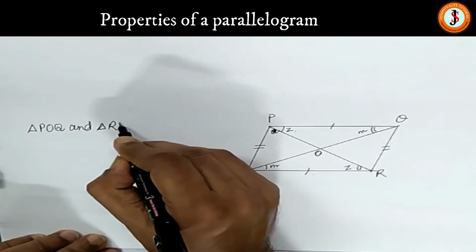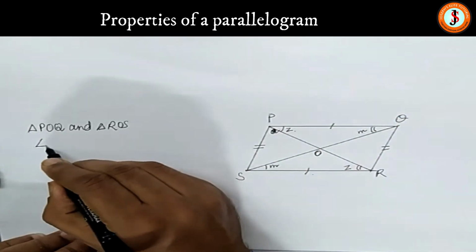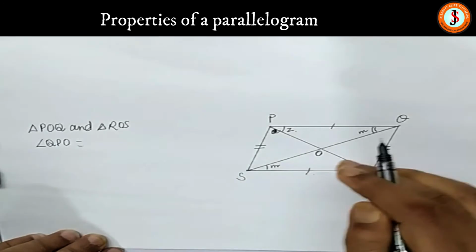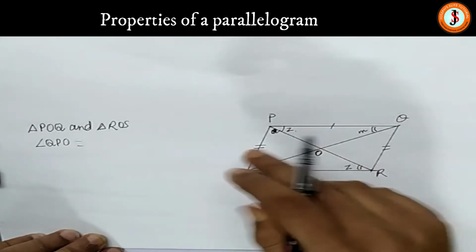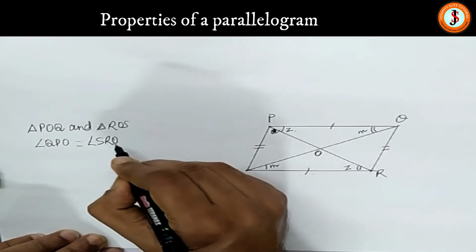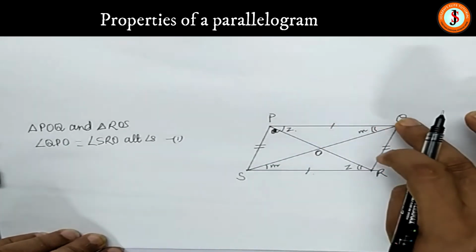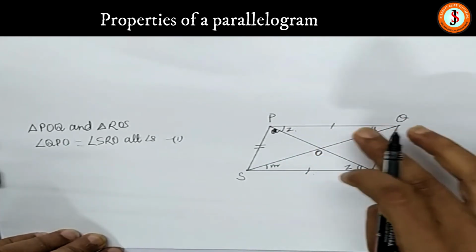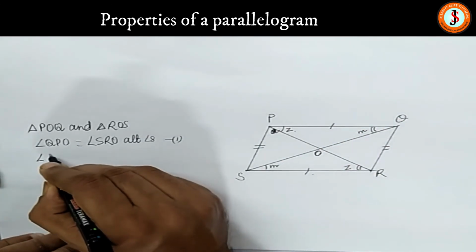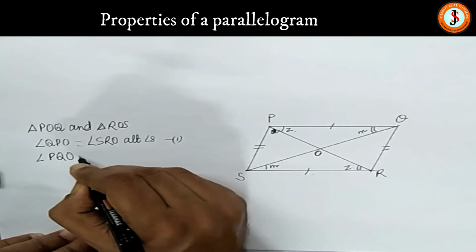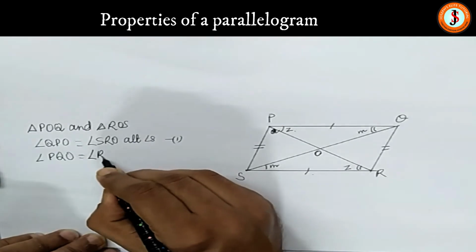ROS. What is happening? Angle QPO is equal to angle SRO, alternate angle. Number one, angle PQO is equal to angle RSO.